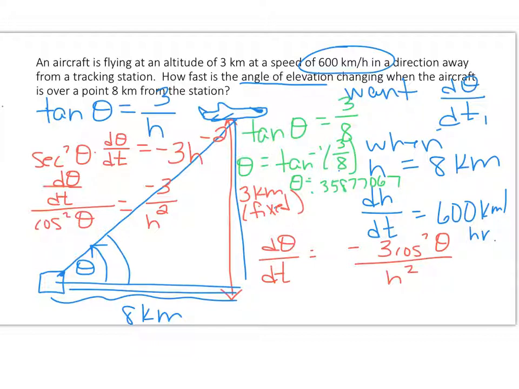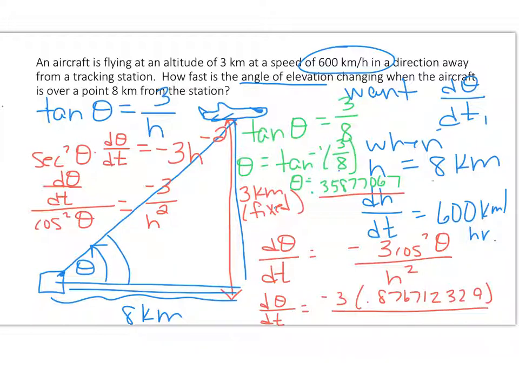I'm looking for d theta dt, so I have negative 3 times cosine of 0.3587767. That's giving me 0.936, blah, blah, blah. And I'm squaring that, so that's giving me 0.876712329. I haven't rounded anything that I could see, and in the end we're not going to round out to 8 decimals, so we're okay.